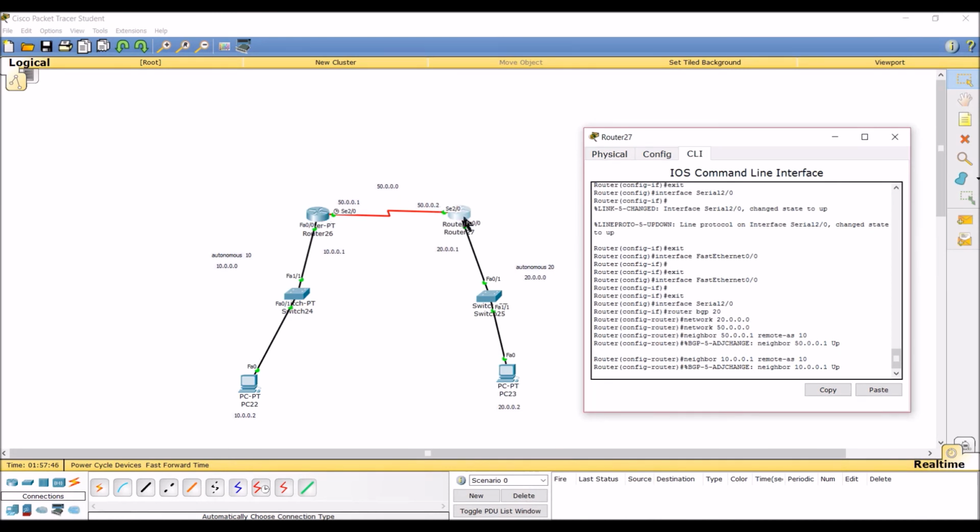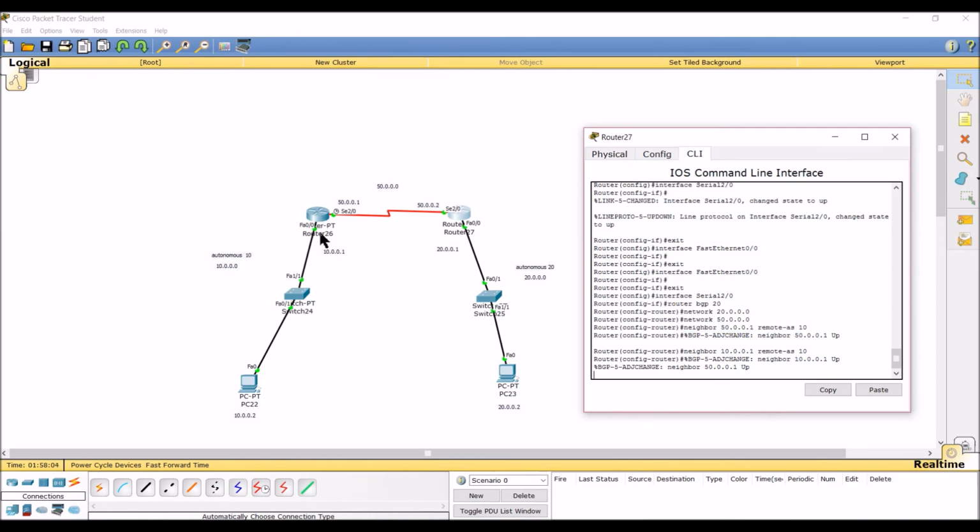From these commands we are saying that for this router, this is the neighbor: the first IP address, for this serial port, is 50.0.0.1, which is in autonomous system 10, and for this router the FastEthernet port FA0/0 has the IP 10.0.0.1, which is in autonomous system 10.